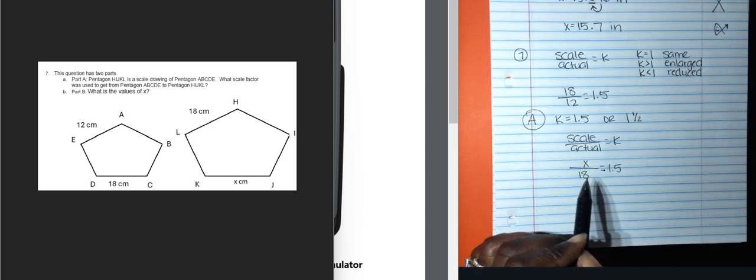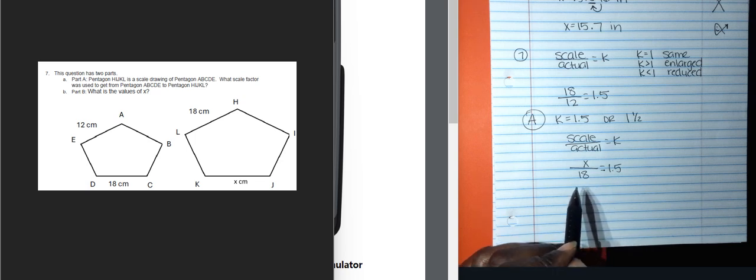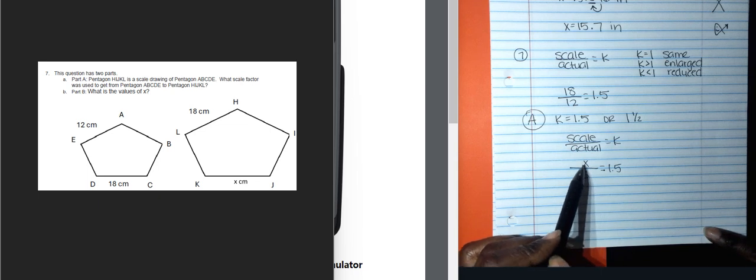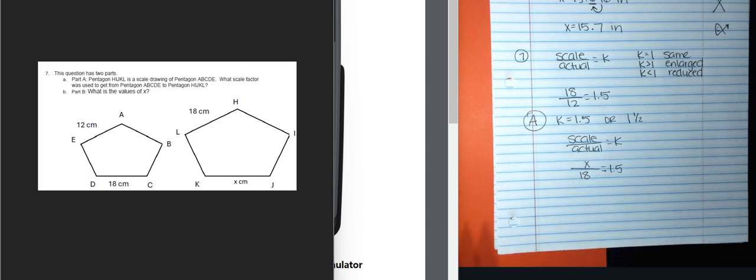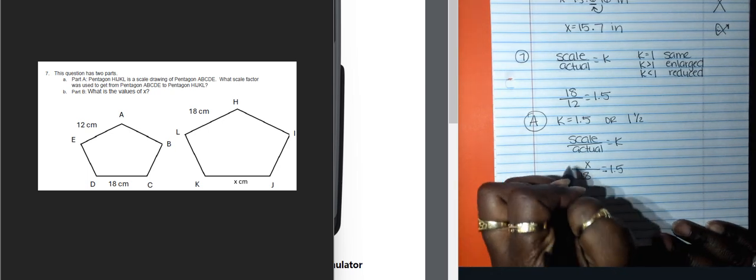And remember, the goal is always to get the X or the variable isolated, meaning by itself. So I don't have this isolated because I see a fraction or division, and I see an 18 over here. So how can I undo or get rid of whatever is stopping X from being by itself? Well, we know that the inverse operation of division is multiplying. So I'm going to multiply both sides by 18.